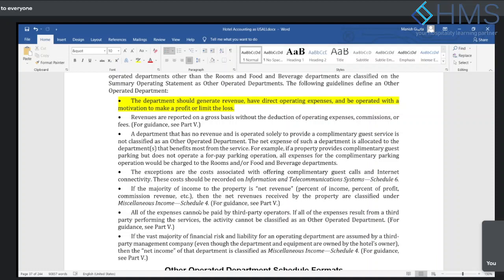So for outsourcing to a third party, what kind of expense will be there from them to us? Your expense would probably only be the cost of calling them, or the cost of booking them, or the labor cost for supervising them. That's the only cost that the hotel will have, right?